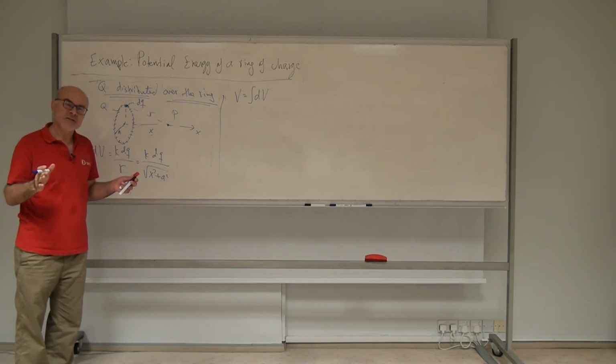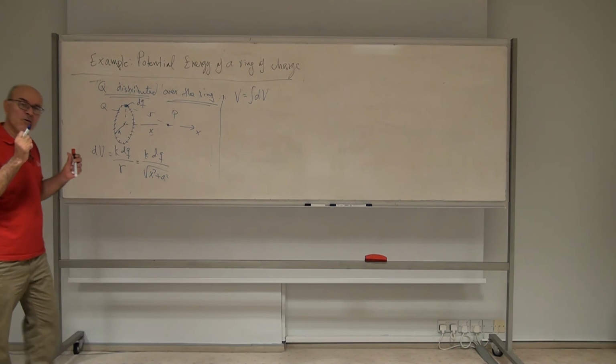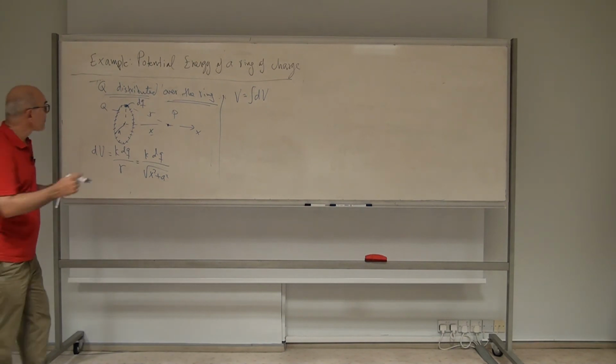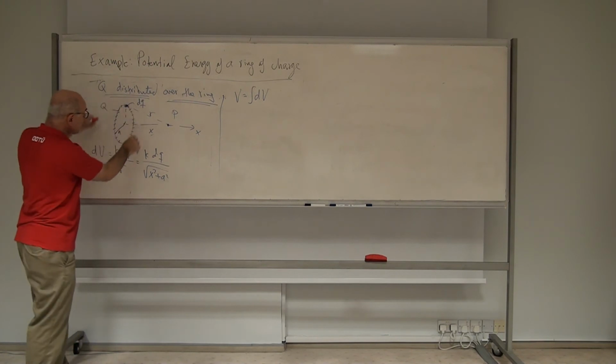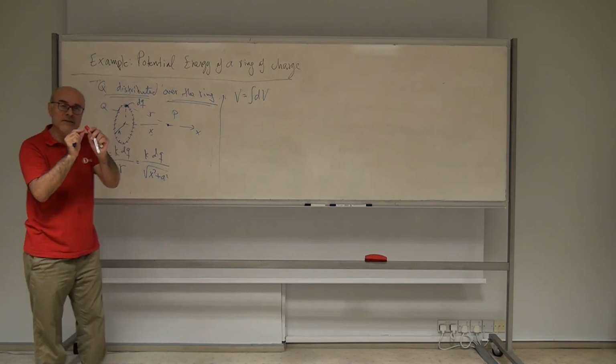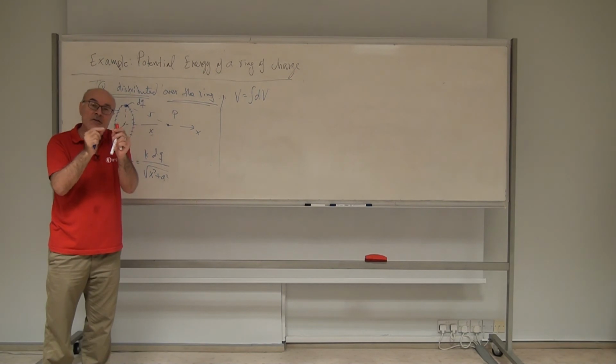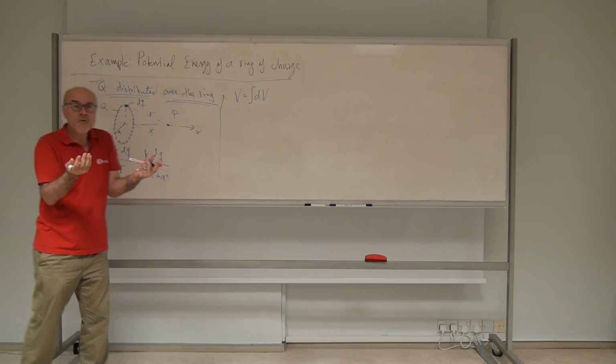But actually, we don't need all that. If we just recall the ring symmetry that we have talked about, when you split this continuous charge distribution into small dq's, then you can consider each of these dq's as what? As a point charge. And so our result is very simple.